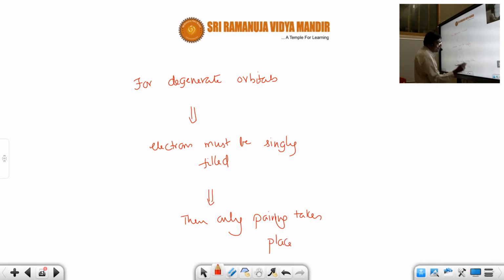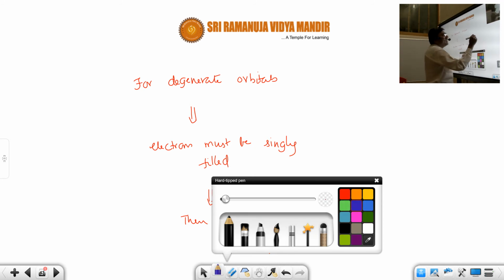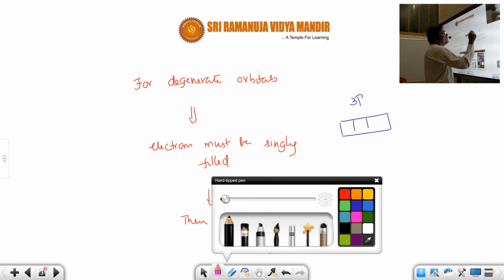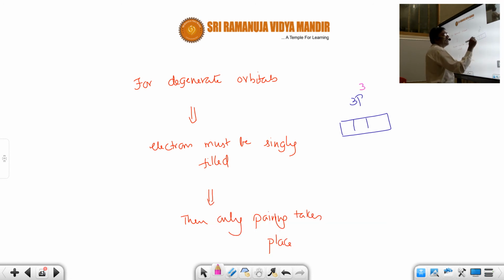Pairing takes place. Very simple students, have a look here. Now I am taking here one orbital. Let us take this is a 3p orbital. Okay. So let us take an example. Now first of all I want to write 3p3. Now 1, 2, 3. Is it right?